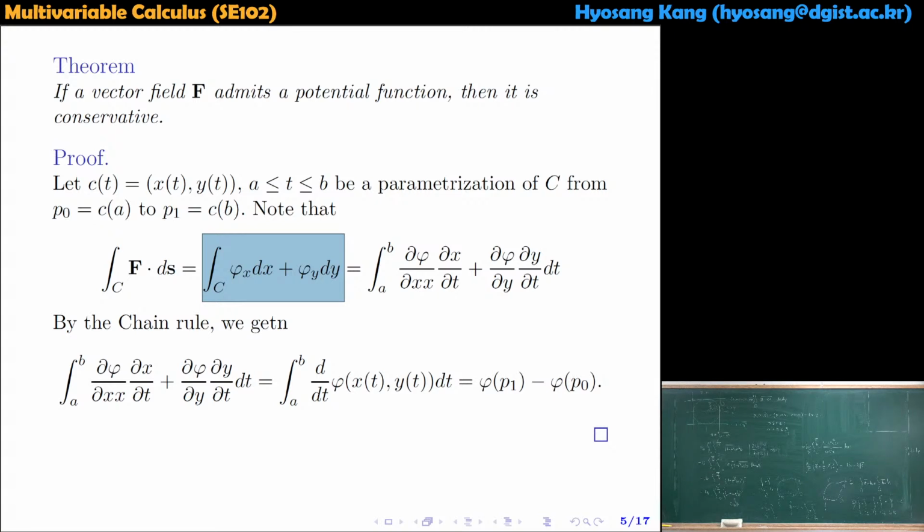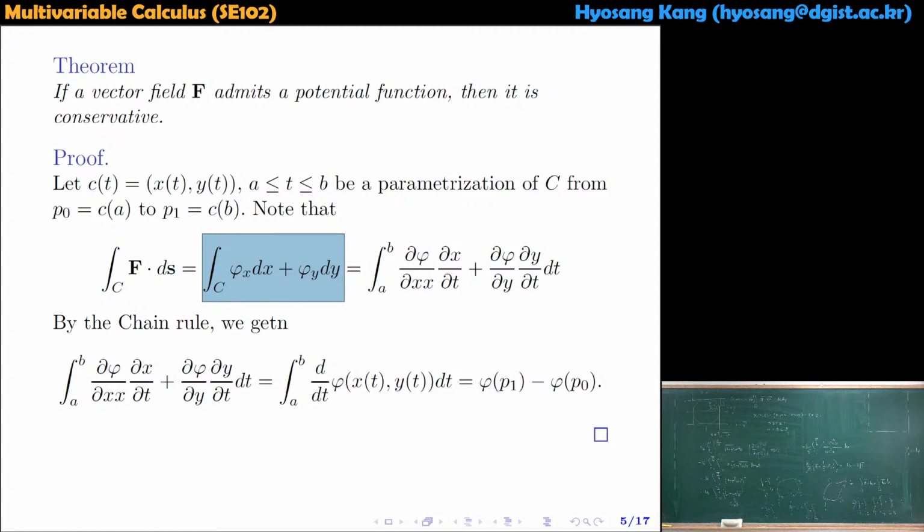So phi x dx plus phi y dy is the integrand of this line integral. There's a typo, so let's rewrite this as del phi del x and del phi del y. Now let's rewrite our parameterization in terms of t, and then dx and dy become del x del t dt and del y del t dt.